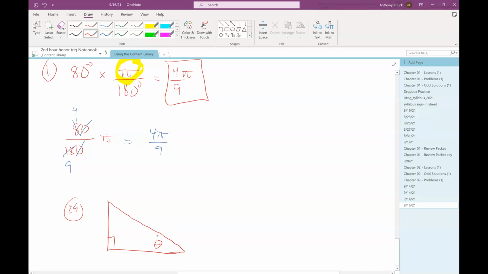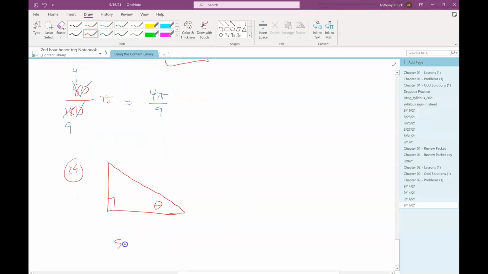Find the values for the other 5 trig functions. So I know sine theta is 4/7, which is opposite over hypotenuse, right? Yes. So the side opposite theta is my 4, and the hypotenuse is the 7.